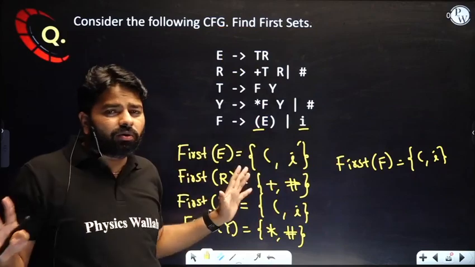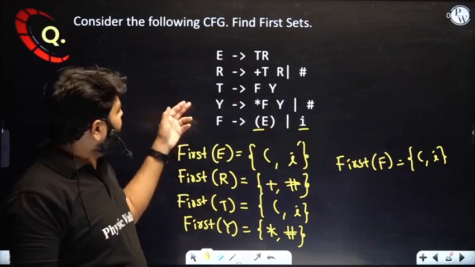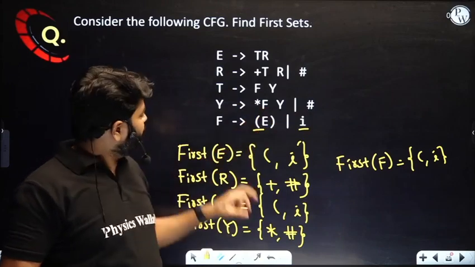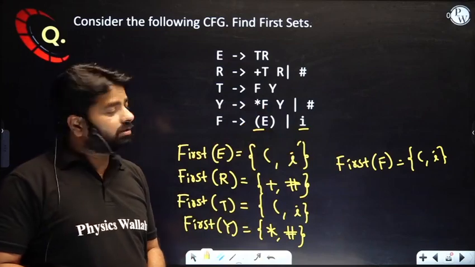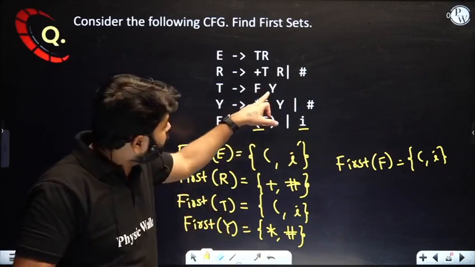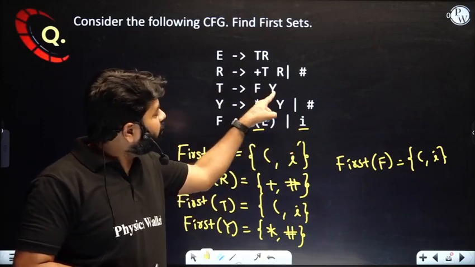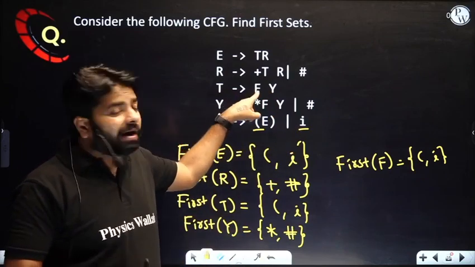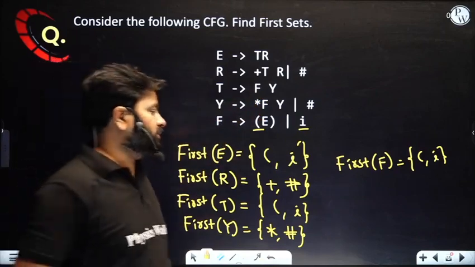When there is no null rule, directly I can say first of T is nothing but first of F only, and first of Y is nothing but star epsilon, first of F is nothing but open parenthesis, I. But when you have epsilon, in case this F is deriving epsilon, then the answer also depends on Y. If there is epsilon here, first of T also depends on Y, because F might be substituted with epsilon. Okay? So, remember this point.